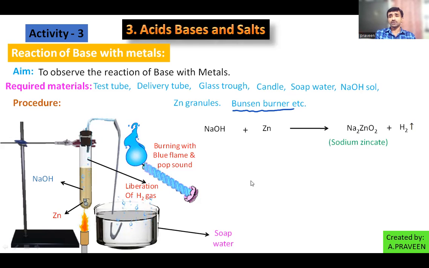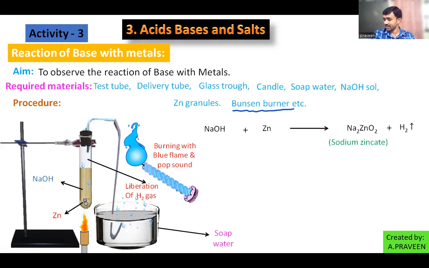Sir, why not with other substances? Yes, you can complete this reaction with others too, by taking potassium hydroxide or calcium hydroxide. Respective to that, you will get different salts.